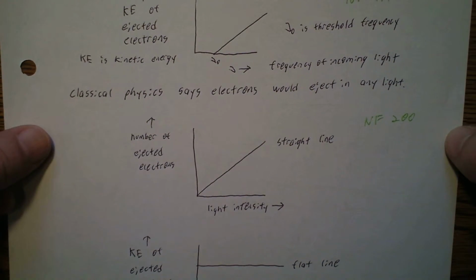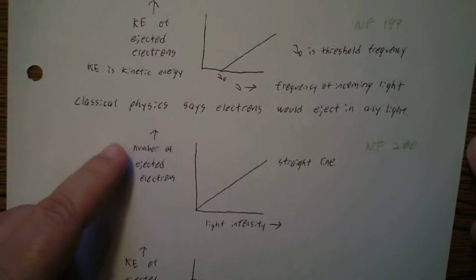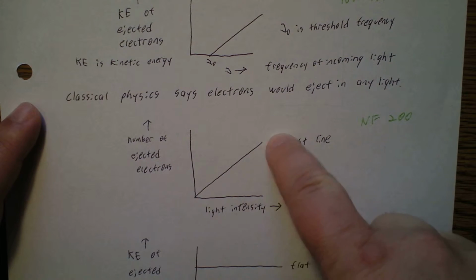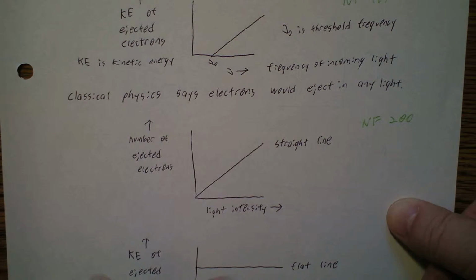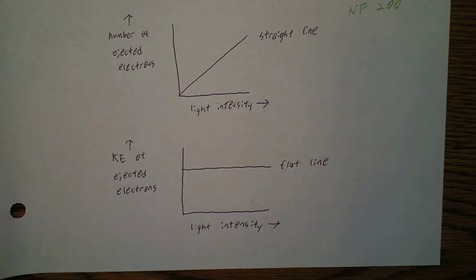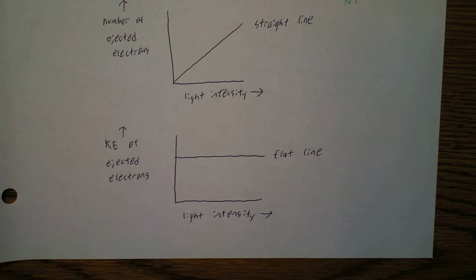Now, classical physics says that electrons would eject under any light. Let's say here's the number of electrons, here's light intensity, and you just get a straight line. Brighter light means more electrons. And for the kinetic energy of the electrons, no matter how bright the light is, you would expect by classical physics all the electrons to have about the same kinetic energy.